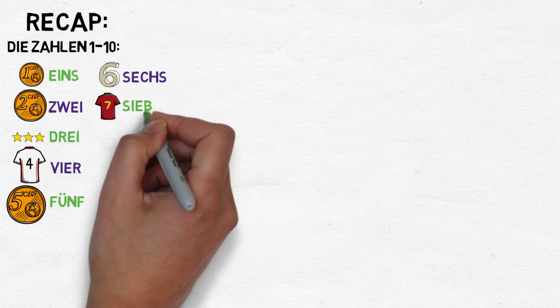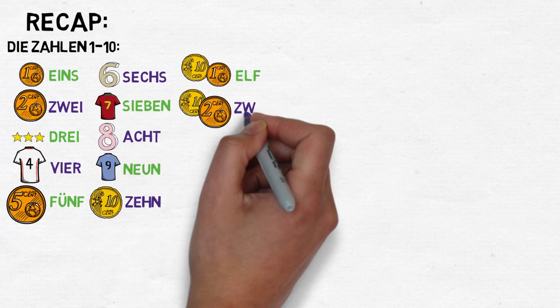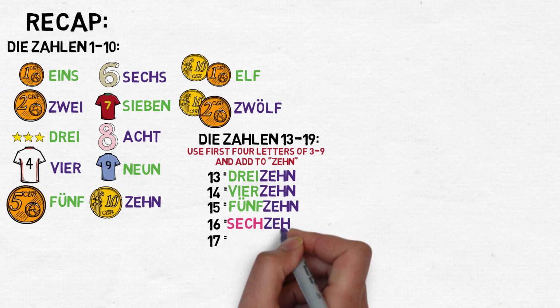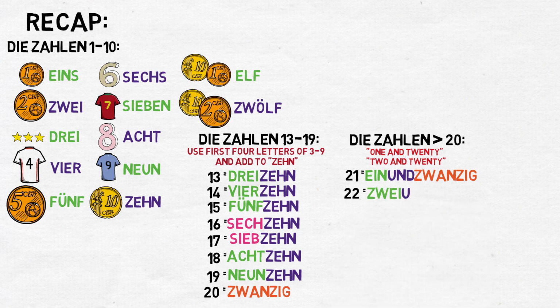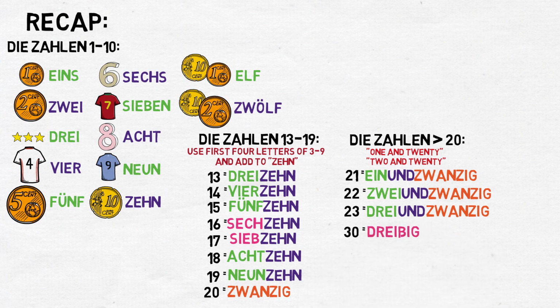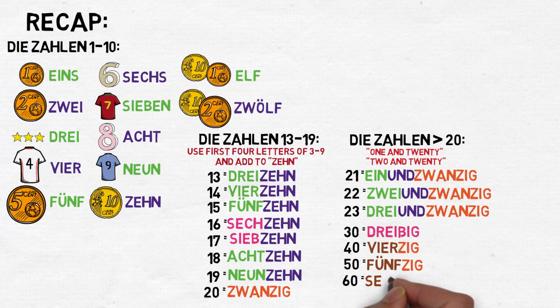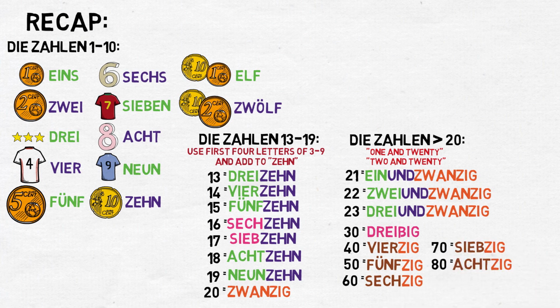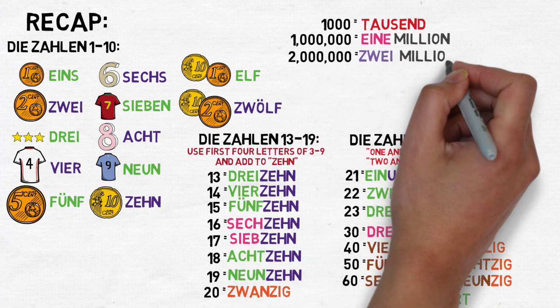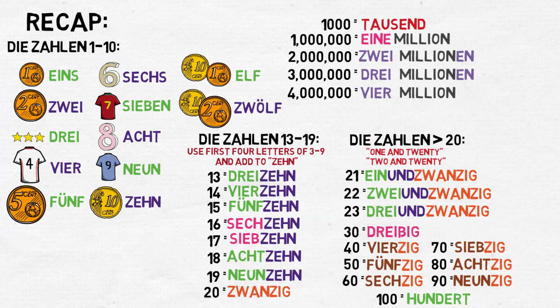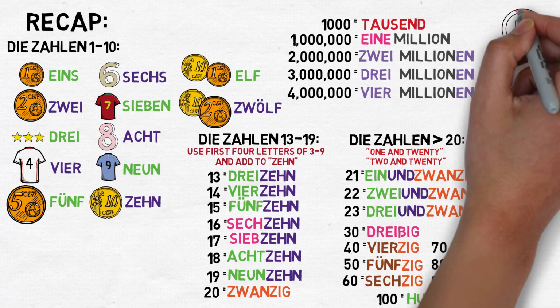So, to recap. 1, 2, 3, 4, 5, 6, 7, 8, 9, 10, 11, 12, 13, 14, 15, 16, 17, 18, 19, 20, 21, 22, 23, etc. 30, 40, 50, 60, 70, 80, 90, 100. 1000, 1 Million, 2 Millionen, 3 Millionen, 4 Millionen, and so on.